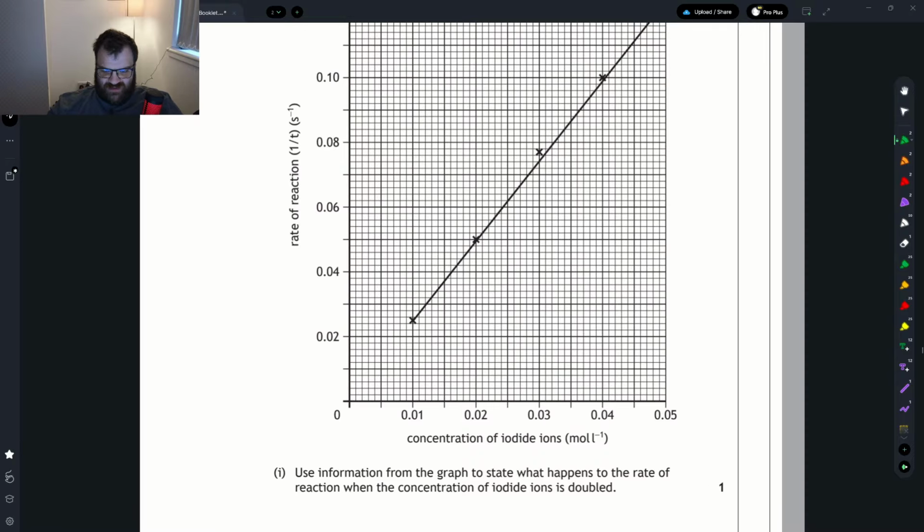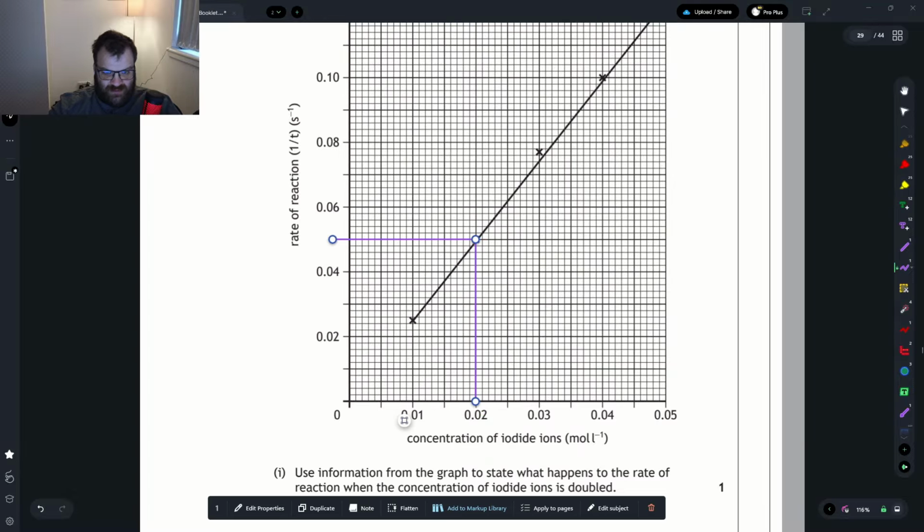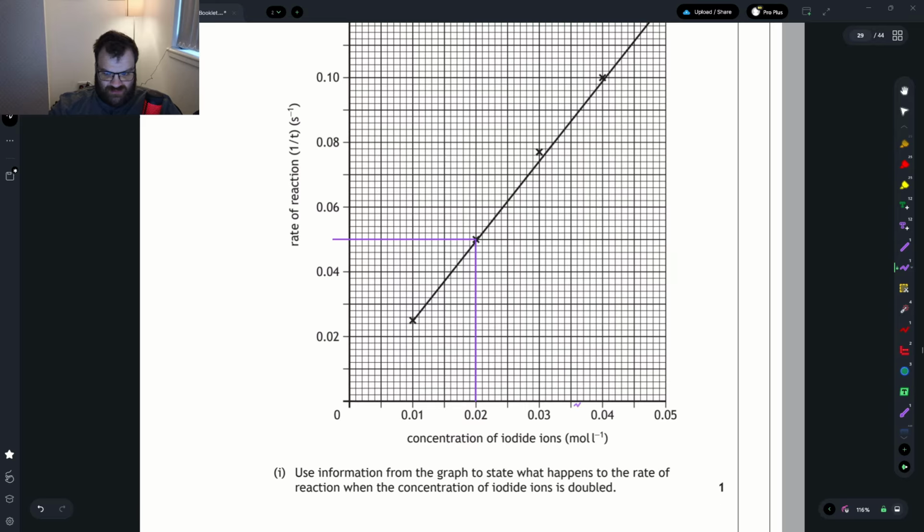Does this not just feel like I'm getting flashbacks to earlier on when it was pretty much the same thing? Anyway, right, what are we going for then? Well, I like the look of this one here. That's sitting bang on the line. That's rate going 0.05.